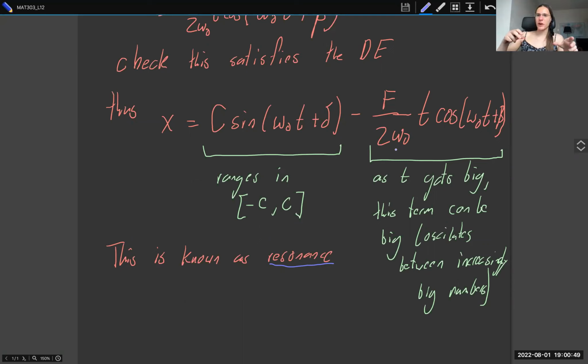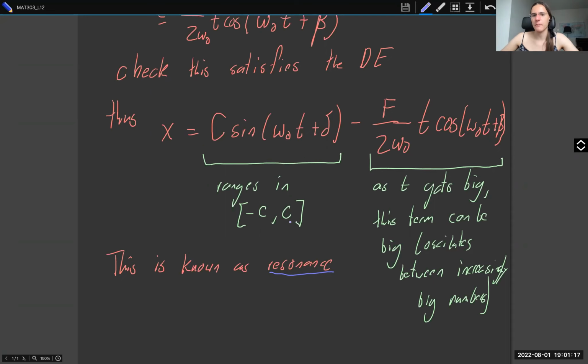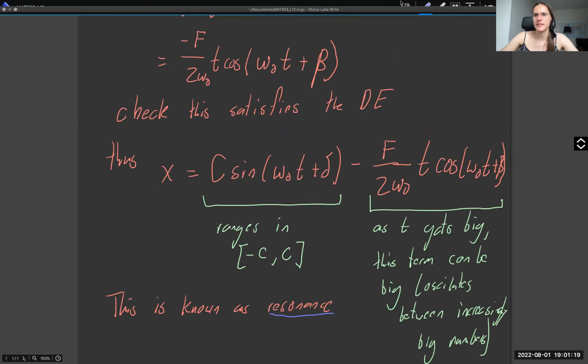And then people started adjusting their pace, their bodies rocking from side to side, to match the frequency at which the bridge was beginning to oscillate. And so everyone basically started walking in step, and then the bridge started swaying a lot, and they had to close the bridge for several months and figure out what the problem was. And there are several videos on YouTube about this and how that happens.